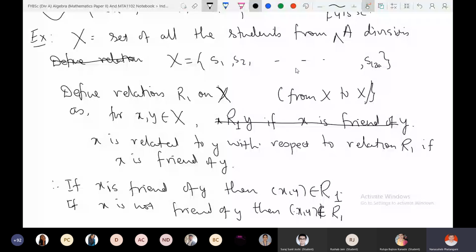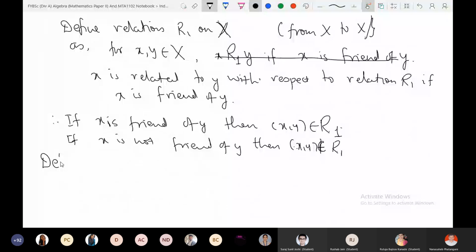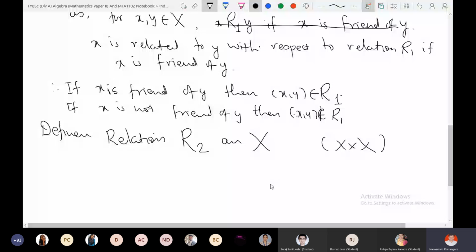So I will define another relation R2 on X. That means it is a subset of X cross X. I am defining another relation on the same set. What relation am I going to define?